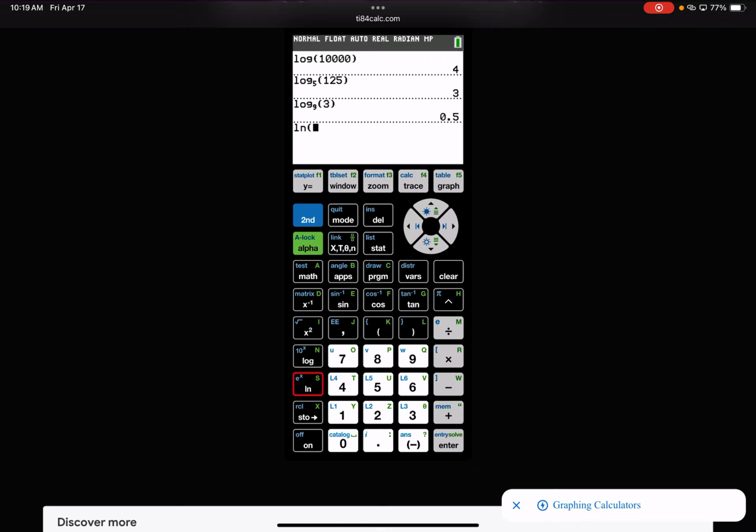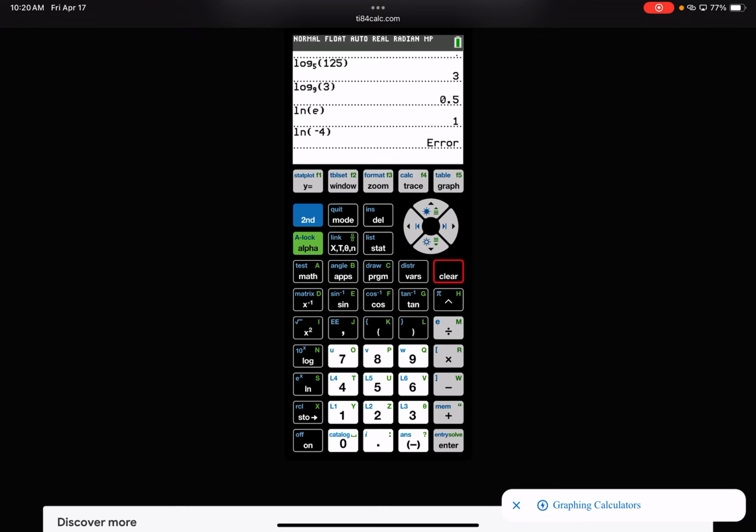And if I type second e, this will just be equal to 1. And remember I said you can never put 0 or anything negative into a log. So if I tried to do ln of -4, this will give me an error.